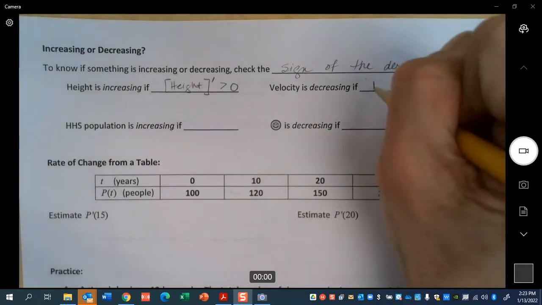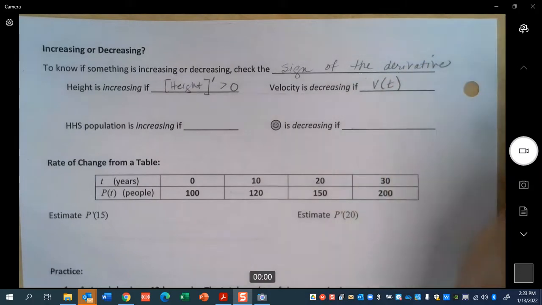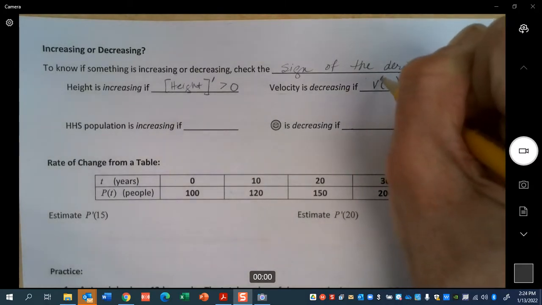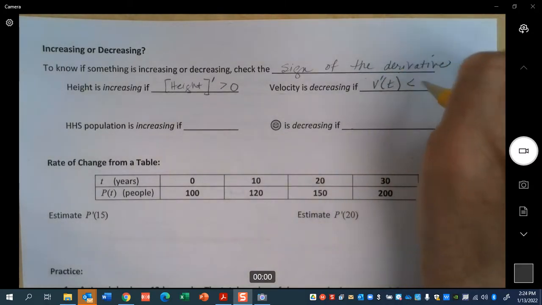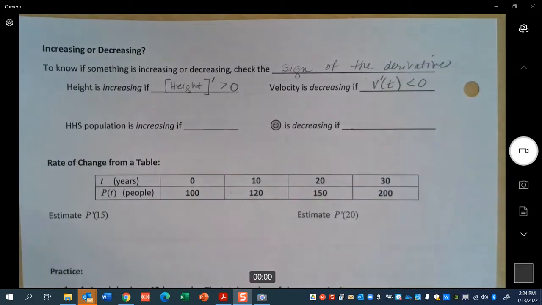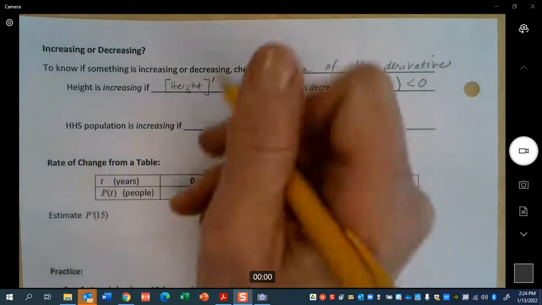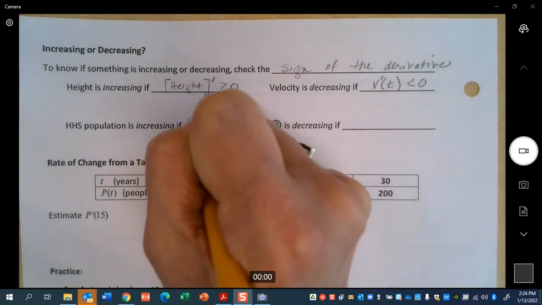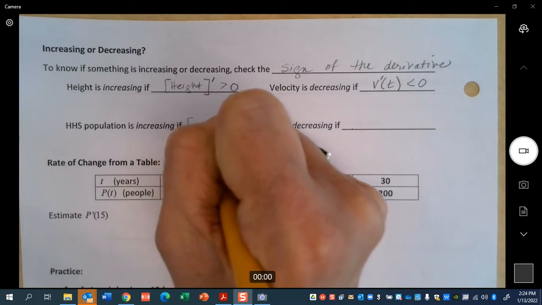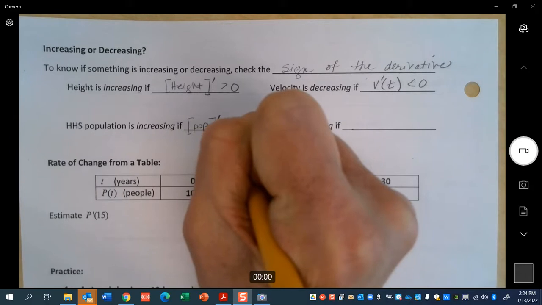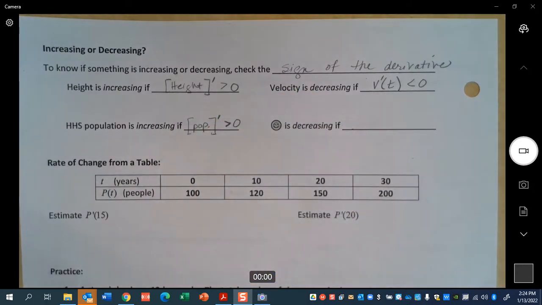Velocity is decreasing if the derivative is less than 0. Hardin High School's population is increasing if, when you take the derivative of it, the rate of change is positive.